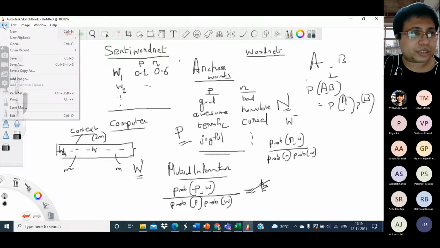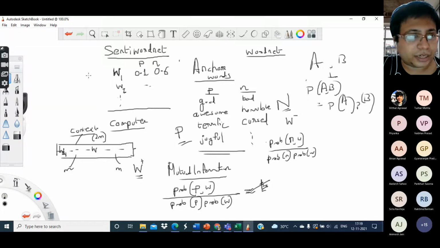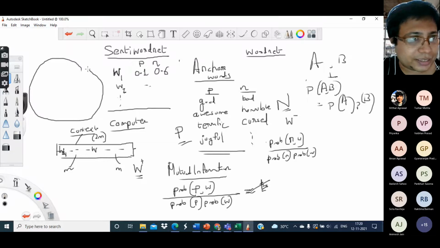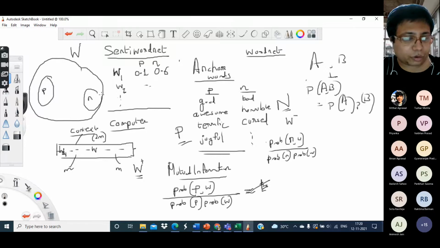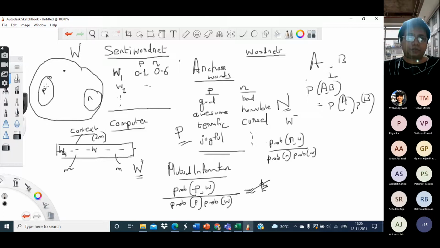The process of building SentiWordNet proceeds as follows. Let's say that this is the set of all words. Initially you have these P positive anchor words and N negative anchor words. Now, as I said earlier, you take any random word W, you calculate its mutual information with the positive words, and its mutual information with the negative words.